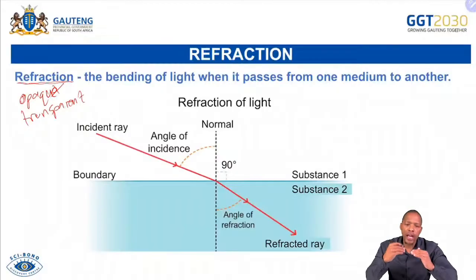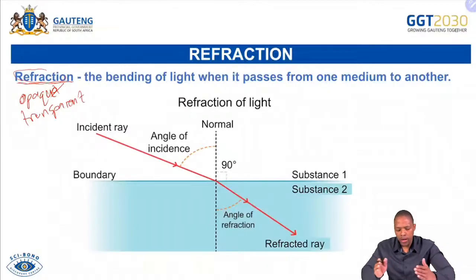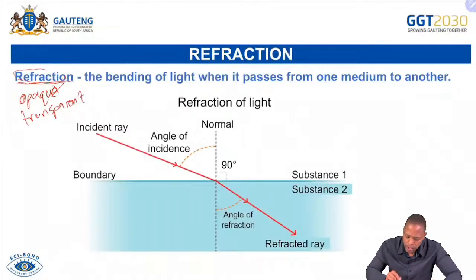So when light enters a medium like glass, okay, it will go through, you will see through it. However, it is not going to go through straight. Instead, it will be refracted, okay? It will bend as it passes from one medium to another.